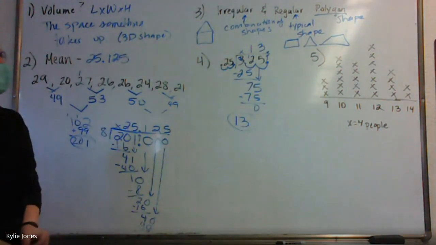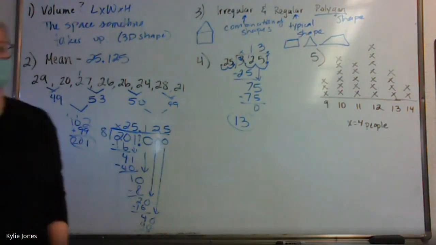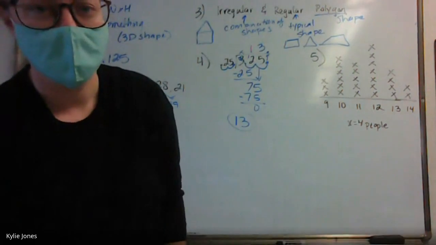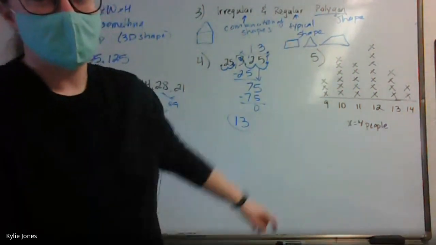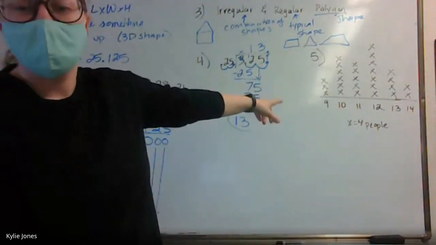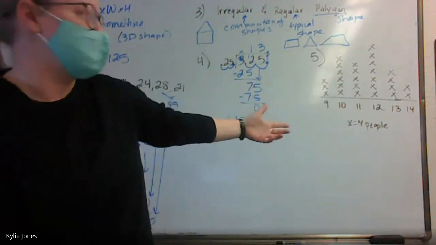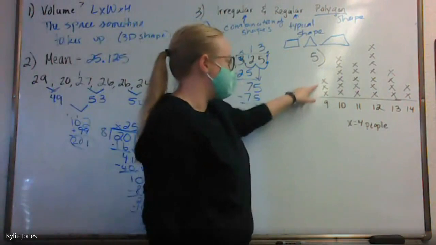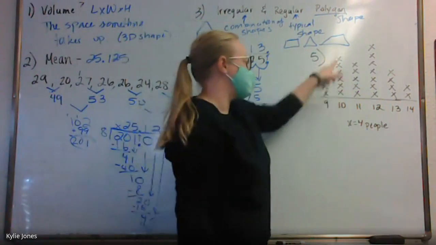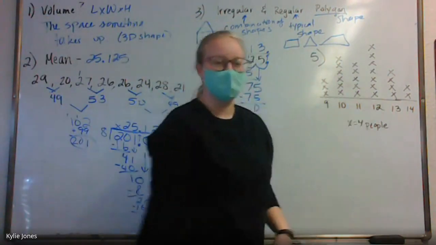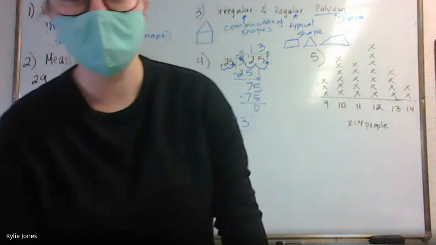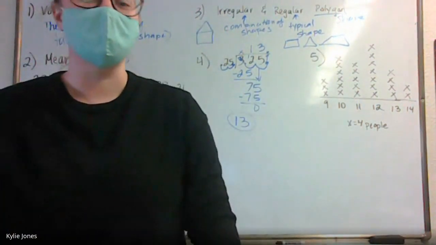And then number 5, let me read it so I read it correctly. The following graph represents the runners and their ages who went to a state competition. So this many people were 9 years old, this many were 10, 11, 12, and so on. It's asking how many of the runners are teenagers.